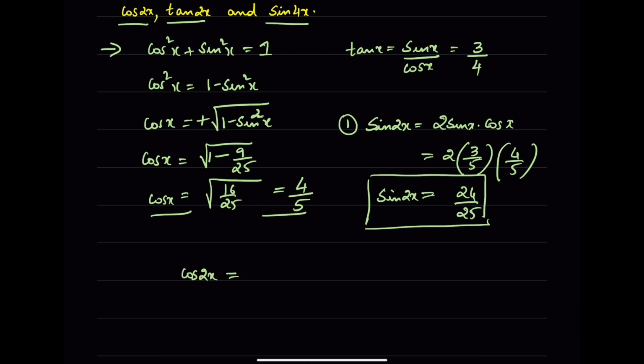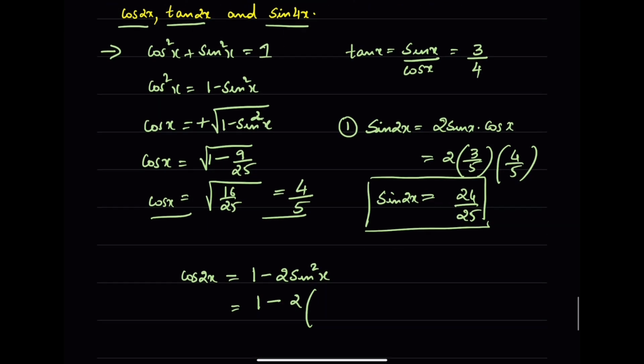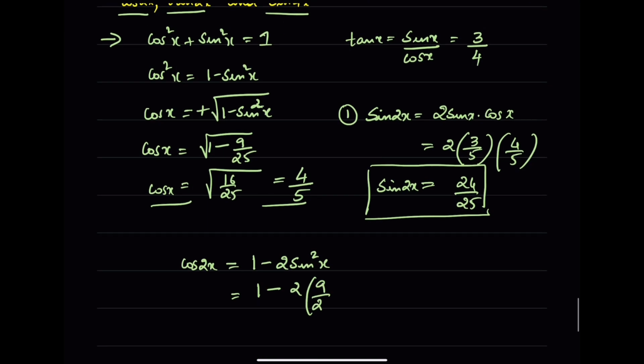The formula of cos 2x is 1 minus 2 sin square x. If we apply that, it is 1 minus 2 times sin square x. Sin x is 3 by 5, so sin square x is 9 by 25. So we will get 25 minus 18 by 25, which is 7 by 25. So that is the value of cos 2x.